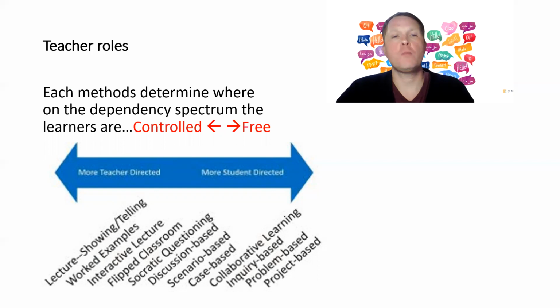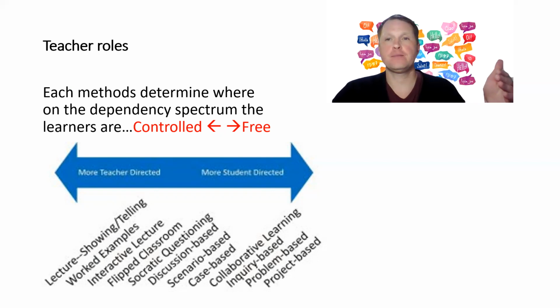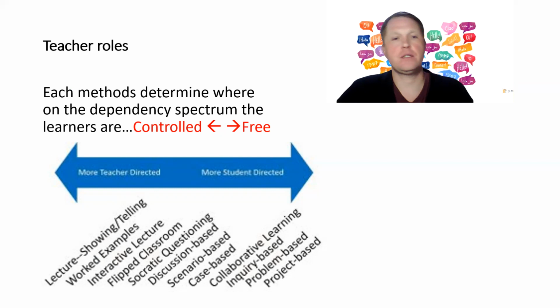Next, your method will determine where on the dependency spectrum the learners are, from controlled to free. So are your lessons lecture type lessons, or are they more collaborative learning, problem-based or project-based, or somewhere in the middle?